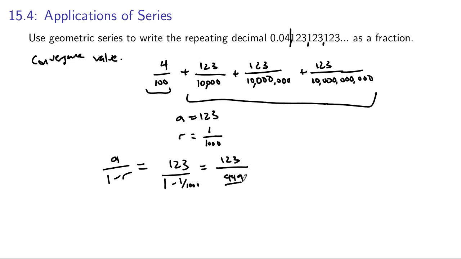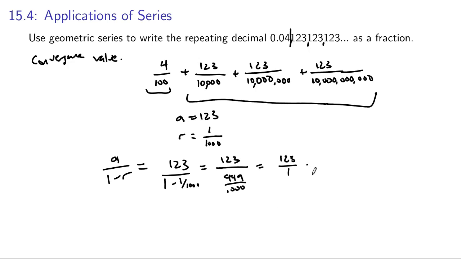Okay, so using the complex fraction stuff, it'd be 123 times 1,000 over 999. Sorry, no, that's wrong. Let's erase. It's 123 over 1 in the numerator of the complex fraction, and then we have to reciprocate the 999 over 1,000.